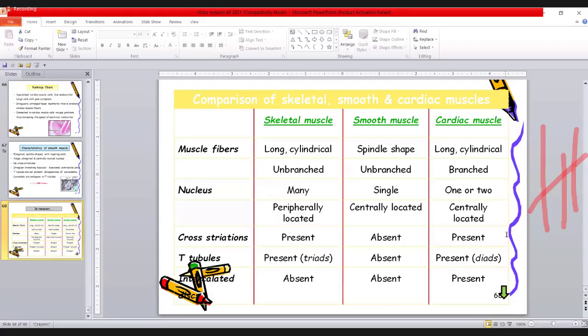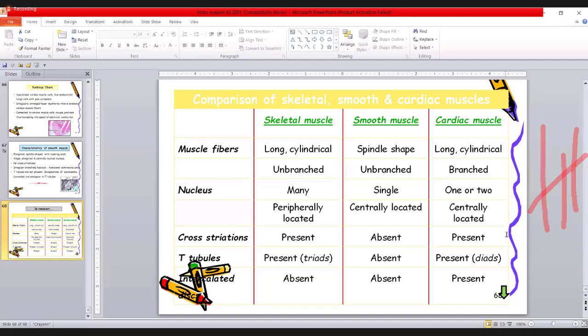What do you mean by striated appearance? I'm asking simple questions. When you say striated appearance, what does it mean?